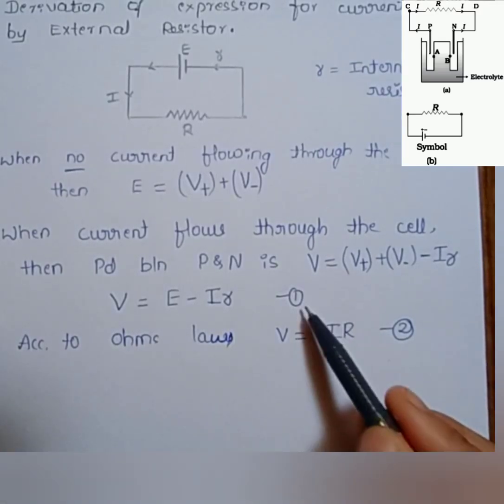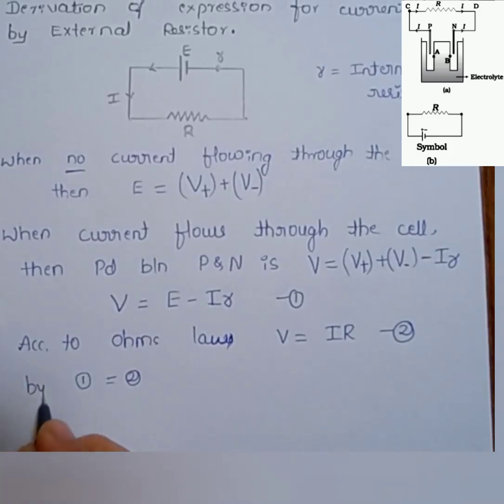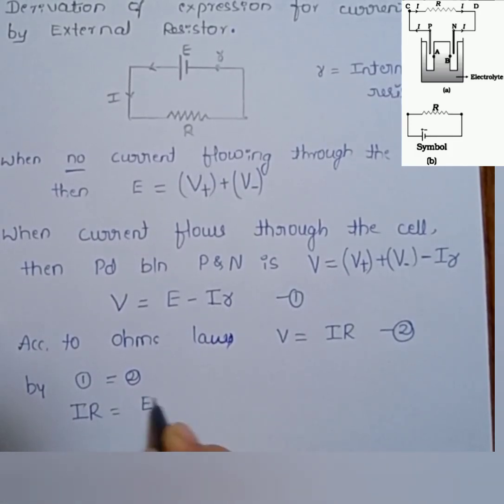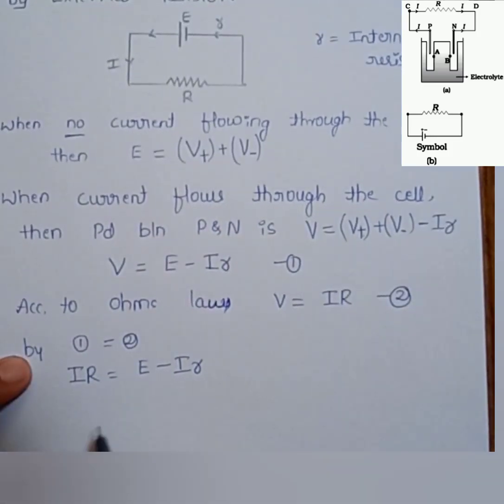Equating equation 1 and equation 2, it becomes I R equals E minus I r. Here, collect the I terms on the left-hand side only.